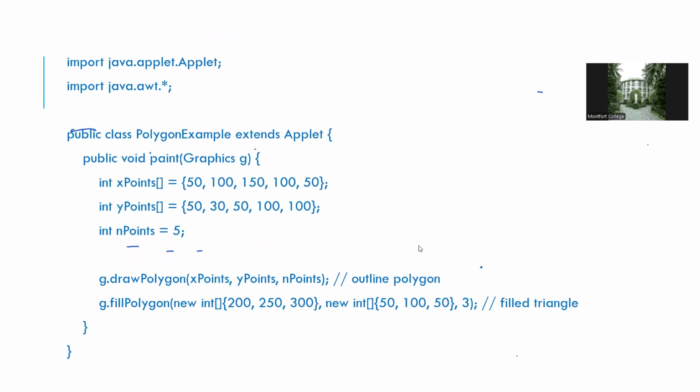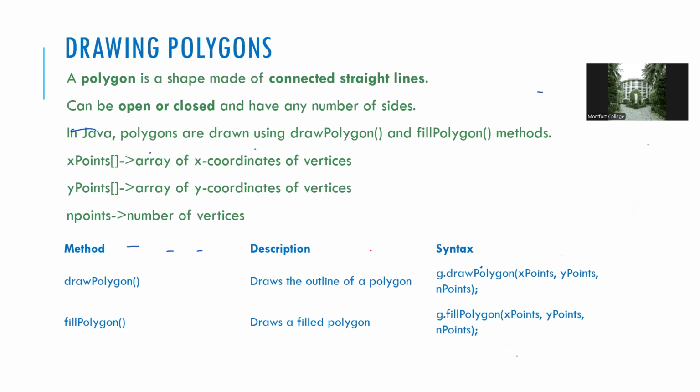Next, polygons. In polygons, we have different coordinates. You know what a polygon is? A polygon will have some lines like this, like this. This is called a polygon. The number of corners you see: 1, 2, 3, 4, 5, 6, 7, 8, 9, 10.